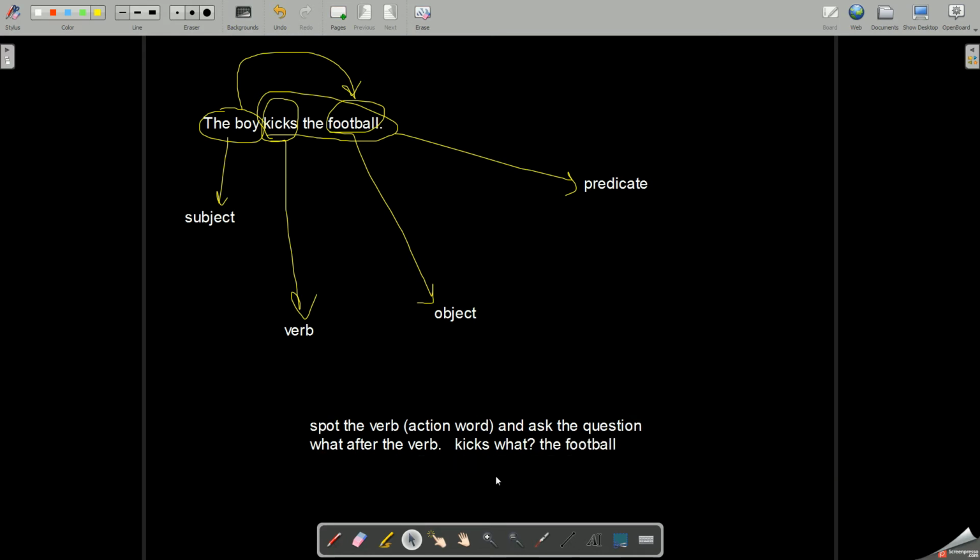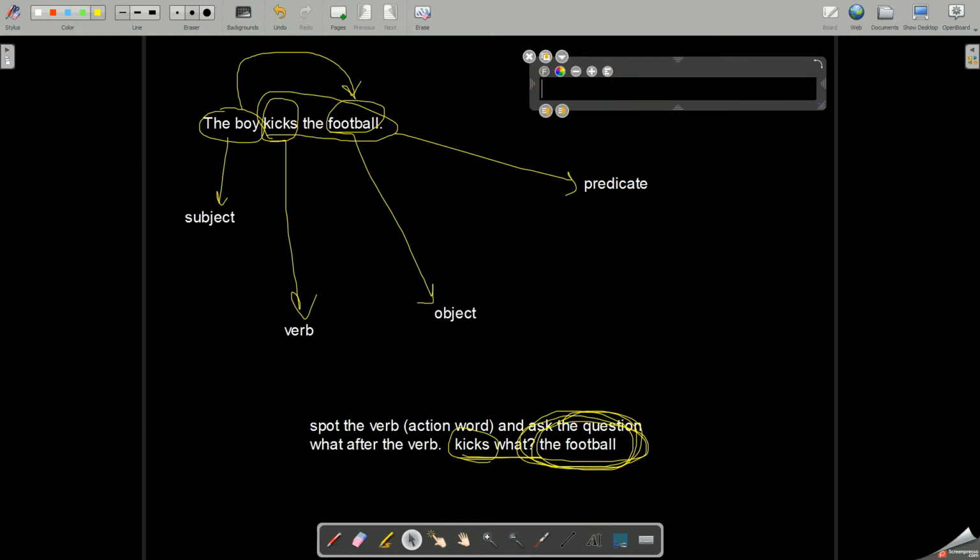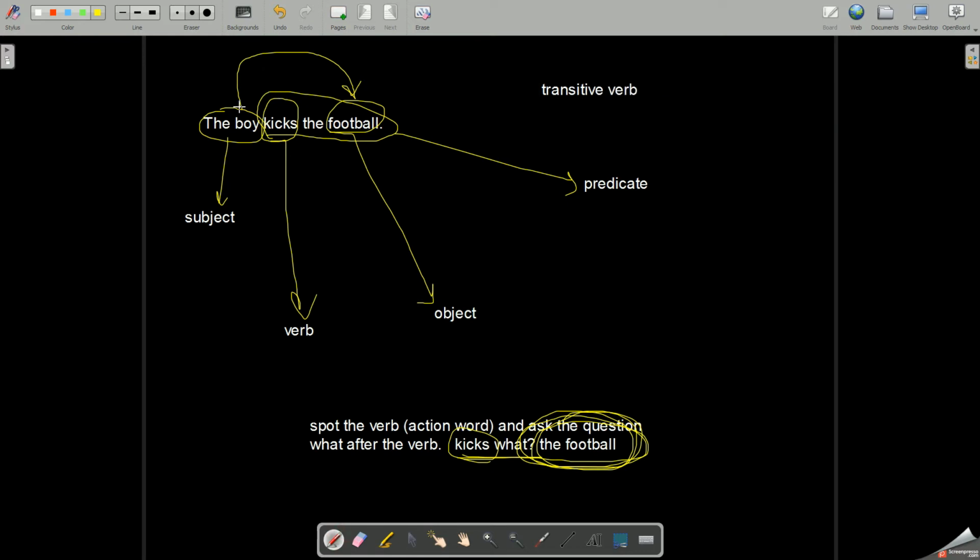So when a particular verb is able to answer this question, that is, it has an object on which it is doing the action, hence this becomes a transitive verb. So here the action moves from the subject to the object of the sentence. So here it is a transitive verb.